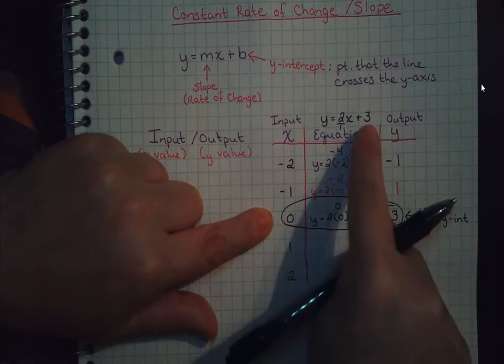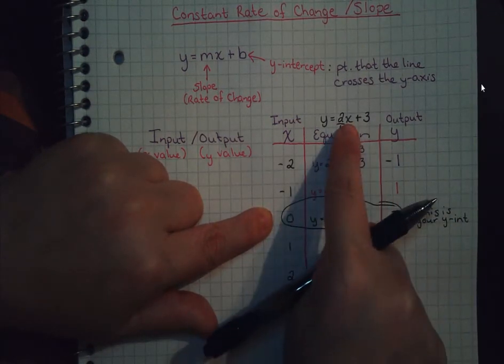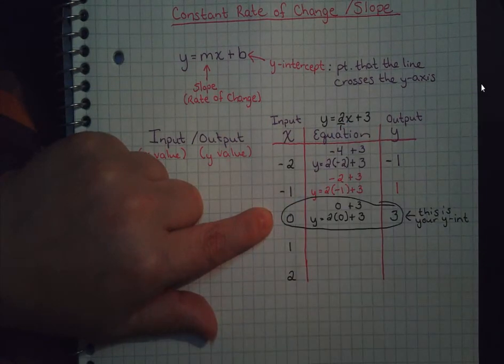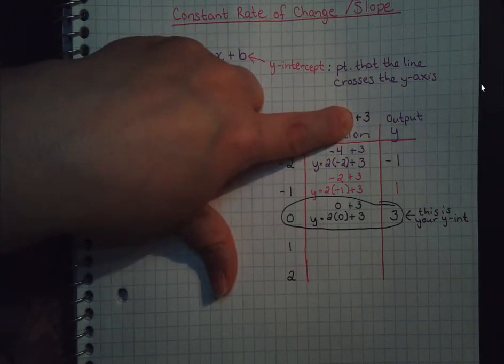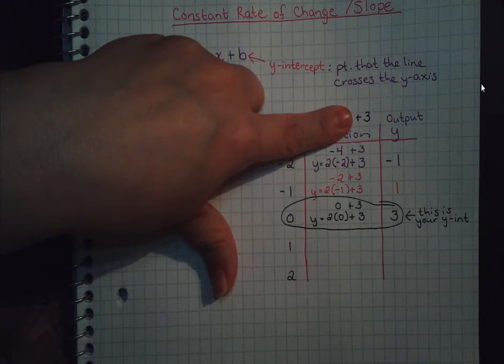So even if you don't remember here, if you plug 0 in, you will get your y-intercept. But if you really need to remember that this number tacked on is your y-intercept, because if you're doing a test, you can automatically know which answers make sense based on what your y-intercept is. And we'll look at that in just a little bit.